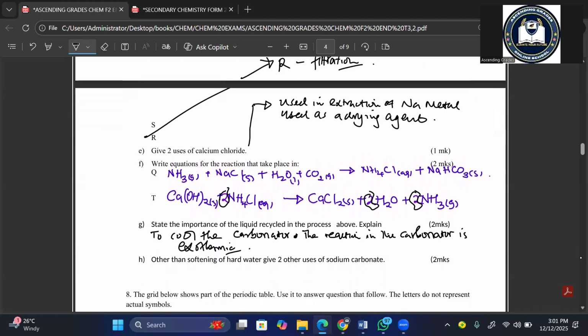Other than softening of hard water, give two other uses of sodium carbonate.